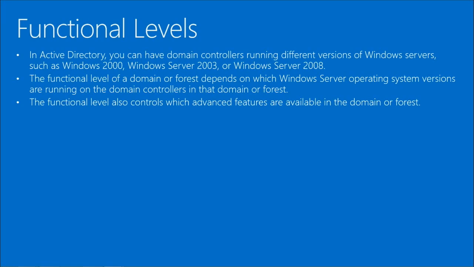Exactly, and the place where that may be an issue is when you're upgrading. I've got 500 2008 R2 servers right now in place. Some of them are domain controllers, 50 of them are domain controllers. I need to upgrade to 2012 or 2012 R2. I can bring in 2012 R2 domain controllers right now, but those domain controllers can do things that those 2008 R2 domain controllers can't.